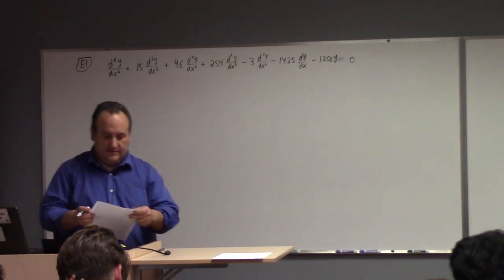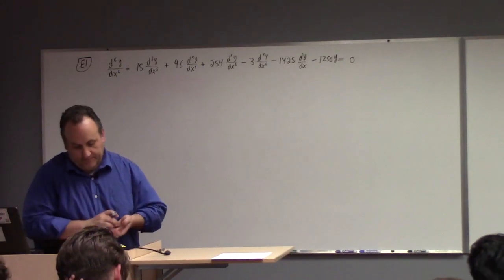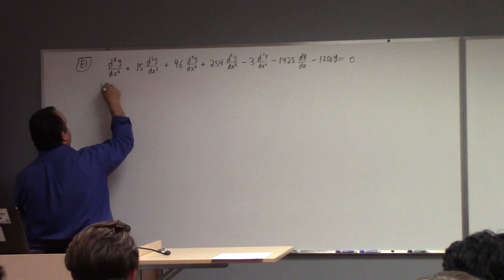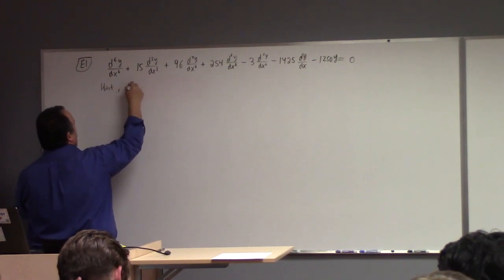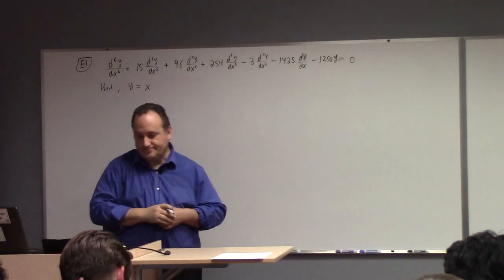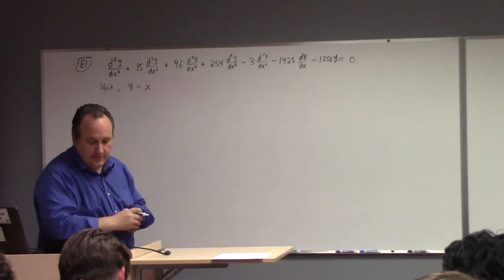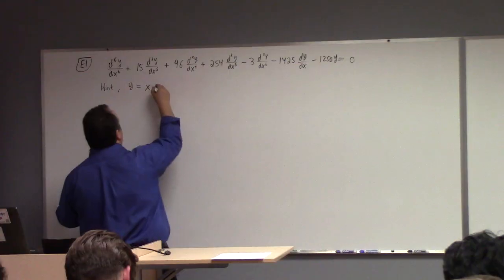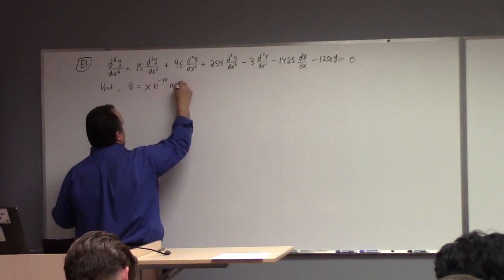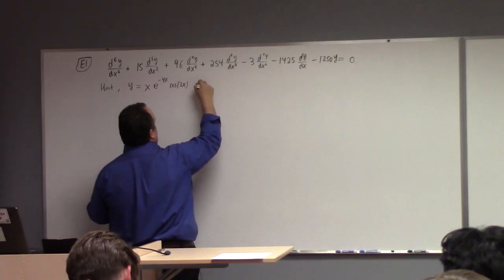And here's the hint that this comes with. Hint: y equals x times e to the minus 4x cosine of 3x is a solution.